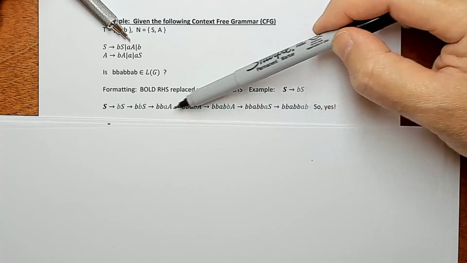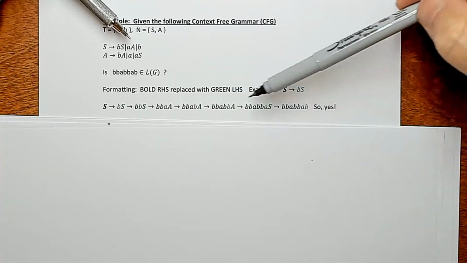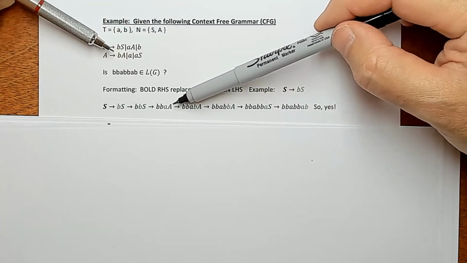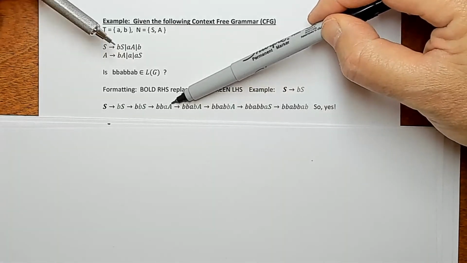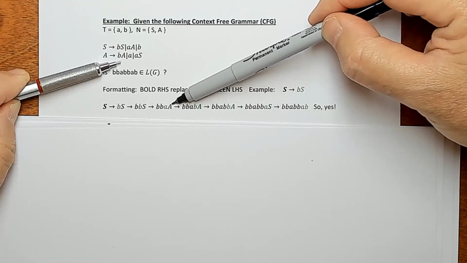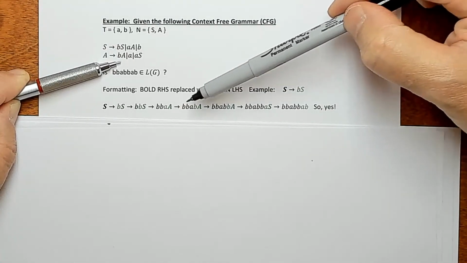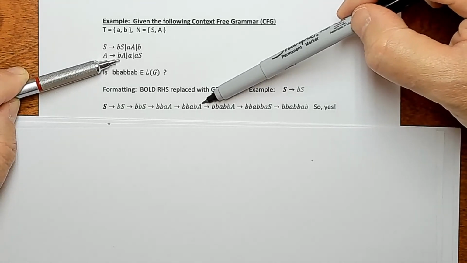Okay, so I suggest you do this on your homework, not only for me, but for your own good, to keep this stuff straight. Then I'm doing one of these A productions. Which one? The first one. I'm replacing this big A with little b, big A. So I've made the big A bold, and the little b, big A green.